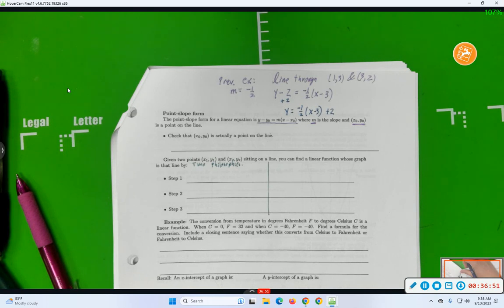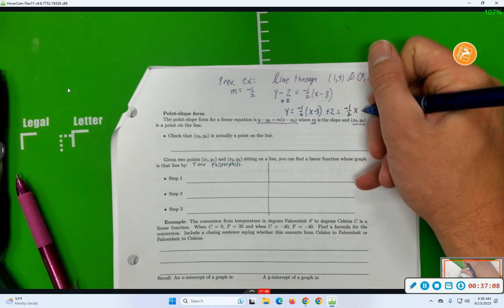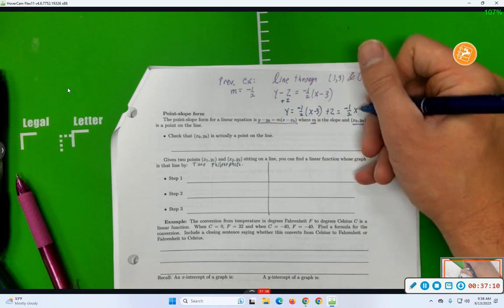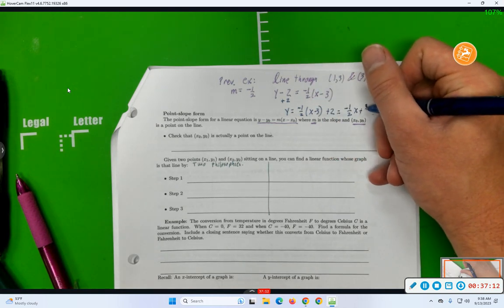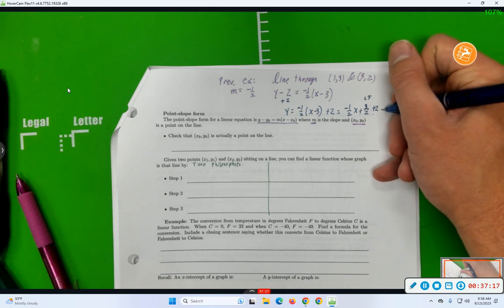And that's a perfectly fine answer. Is it of the form y equals mx plus b just yet? What should we still do? Yeah. Nice. -1/2 x. Double negative will become a positive, plus 3/2, also known as 1.5, plus 2.